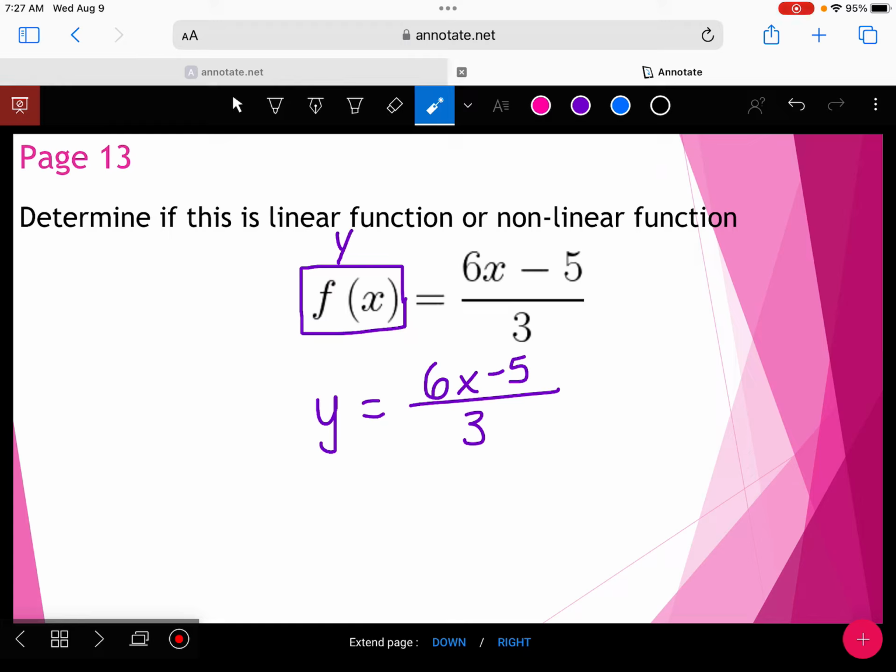F of x is not really going to be a humongous deal. But we're going to see it a lot. We're going to use this a lot this year. So f of x is how we read that. F of x is y. So then we're going to look at the hard part of this equation: is this guy a line?